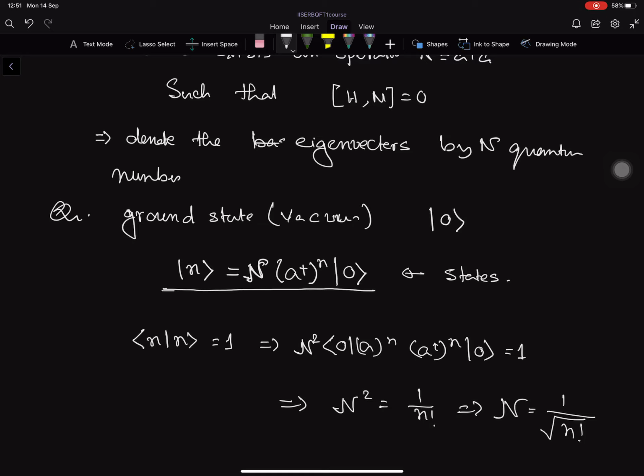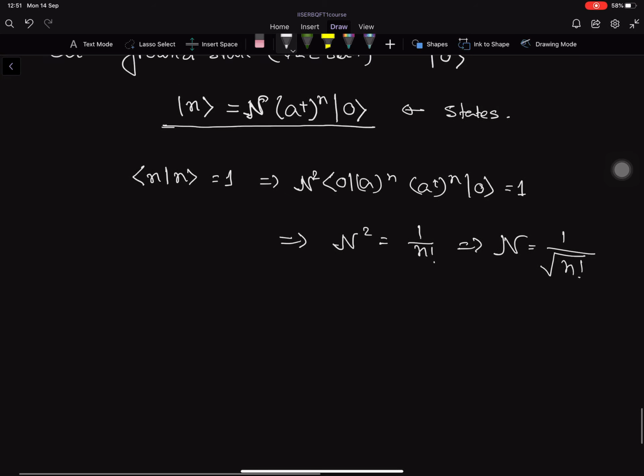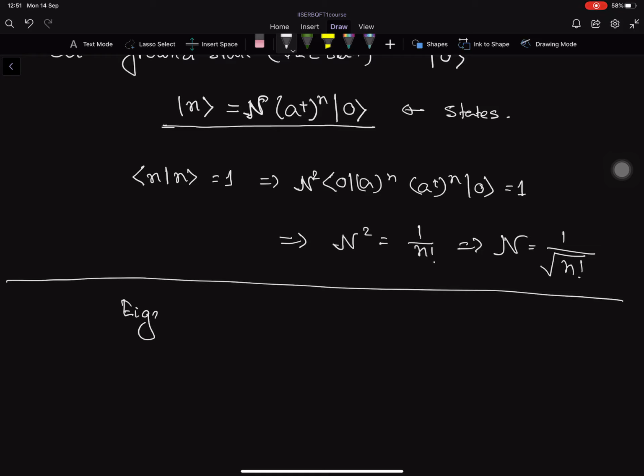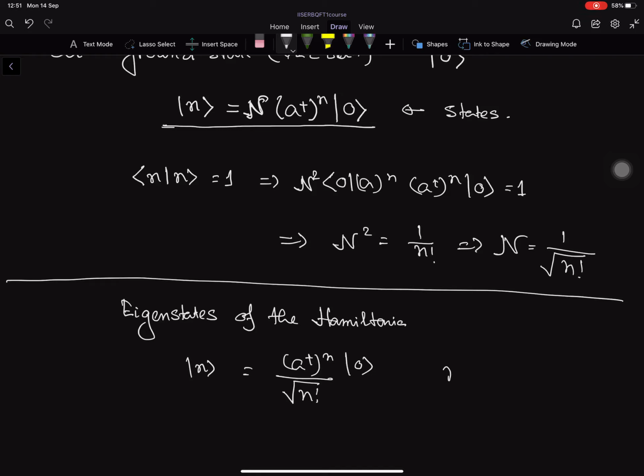Okay, so the normalized eigenstates of the Hamiltonian are simply |n>, which is A dagger acting n times on the vacuum divided by square root of n factorial, and n is a non-negative integer.